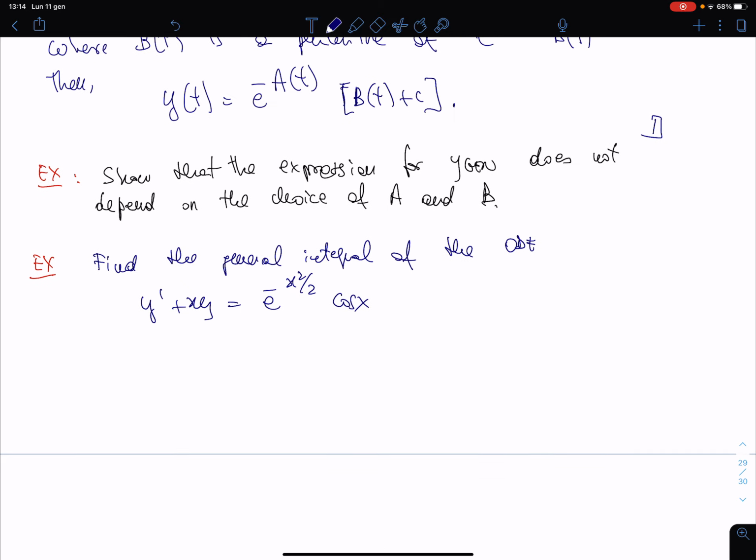And of course, here you have that a of x is equal to x, so capital A of x you can take x squared over 2.